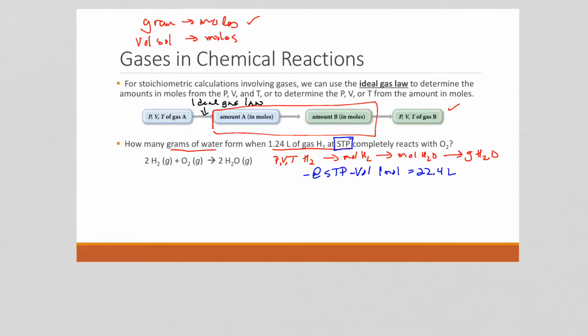This is only appropriate at STP, of course, but we can use this relationship as a shortcut so we don't actually have to go through the ideal gas law.